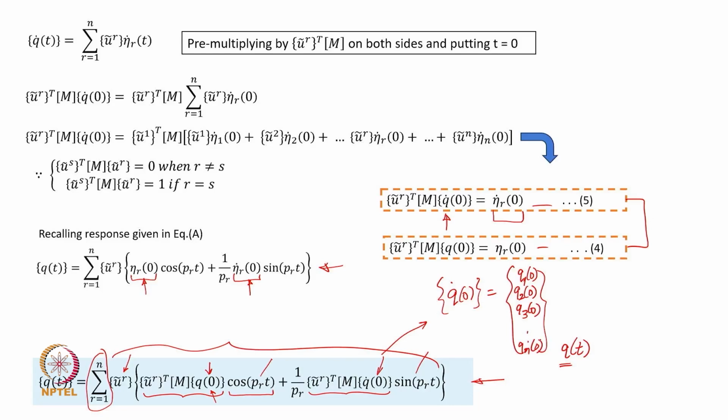Suppose there are 3 masses and you push only the first mass, or give initial velocity to only the first mass, accordingly your q1, q2, q3, q4 will all be decided.